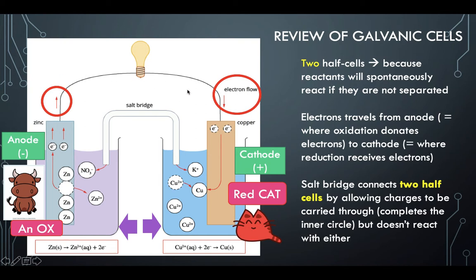We have a complete circuit of negative charges for a galvanic cell when it's actually working. So overall, a galvanic cell produces electricity. It converts chemical energy from a spontaneous redox reaction into electrical power. So the light lights up.